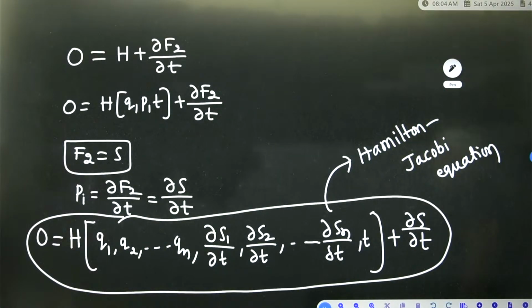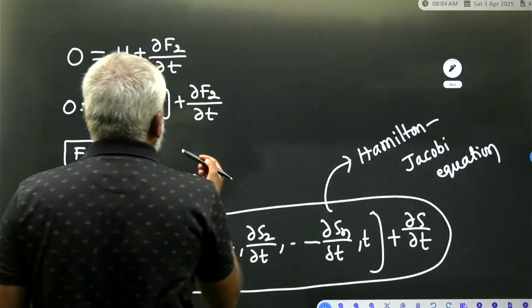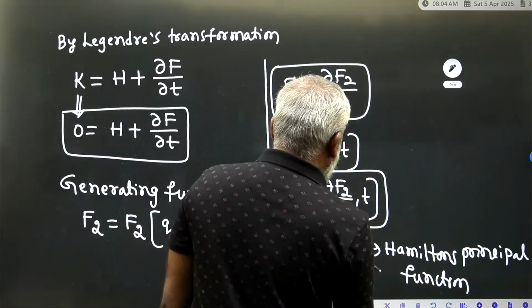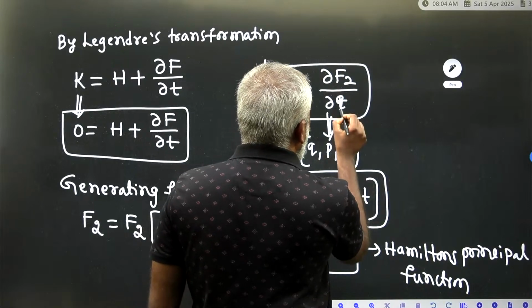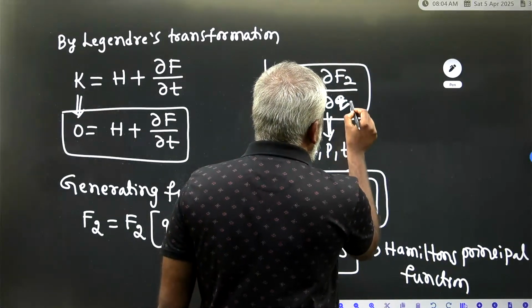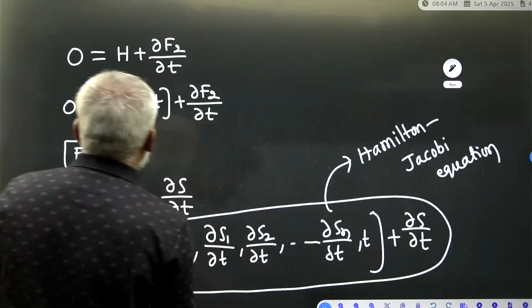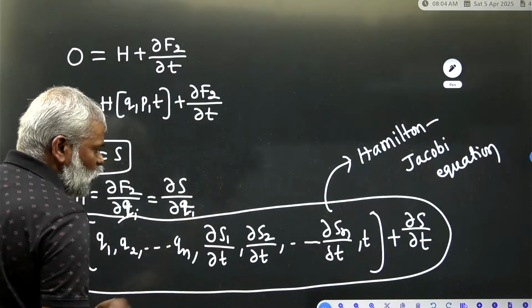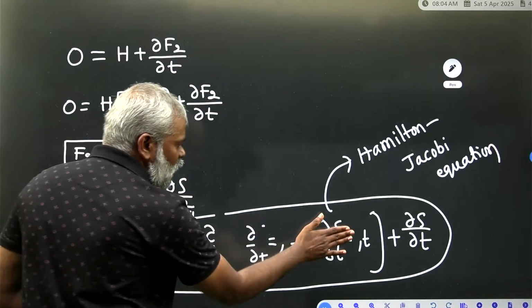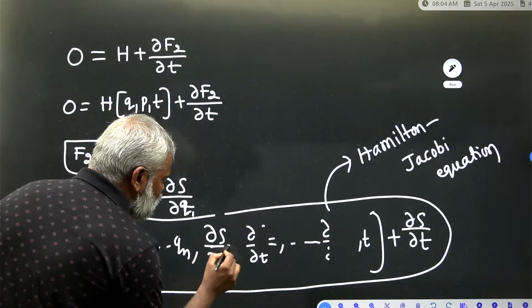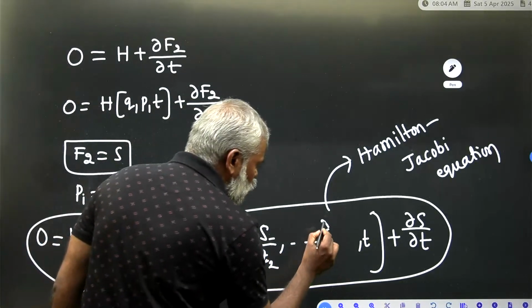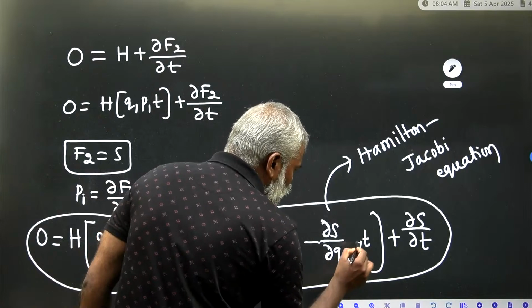So that equation you have to see here. Sorry, you have to take p is equal to ∂S by ∂q_i. So here S is not changing, but what is changing is ∂S by ∂q1, ∂S by ∂q2, up to ∂S by ∂qn, comma t.